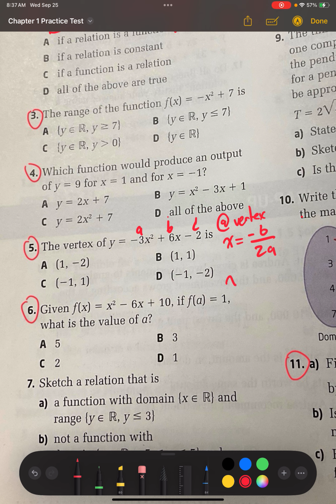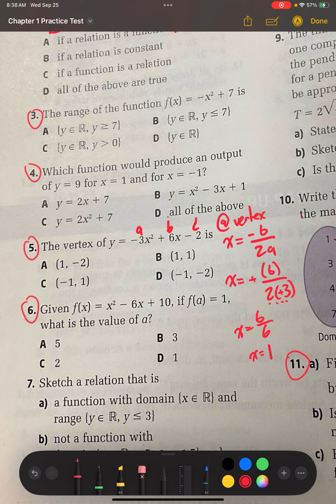So what is that? X is equal to minus positive 6 over 2 times a, which is minus 3. Now, what do we end up getting? That becomes positive. X equals 6 over 2 times 3, which is 6. X becomes 1.